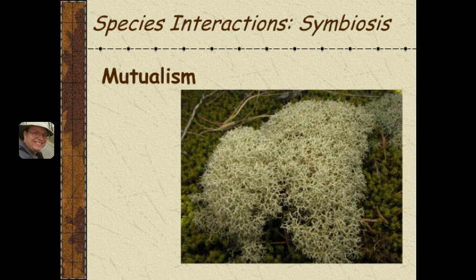The wildebeest, or whatever it happens to be, benefits because it's getting its parasite load reduced. It's getting its parasites picked off by the birds. So the birds get something to eat, and the large animals get their bodies cleaned of parasites.